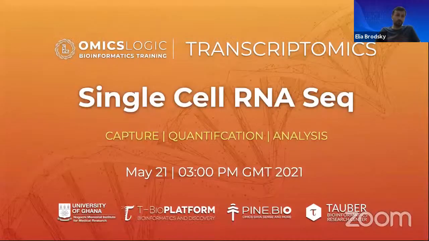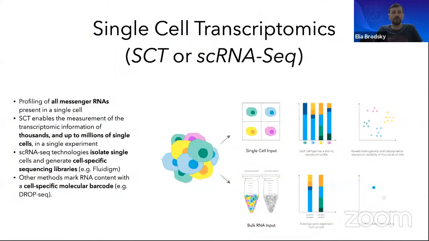Now, what's important today in any kind of RNA-seq discussion is to talk about single-cell RNA-seq. And so we'll talk about the differences between bulk and single-cell RNA-seq. It provides us with a very clear picture of what's happening at the single-cell level, but comes with a variety of challenges that we need to understand.